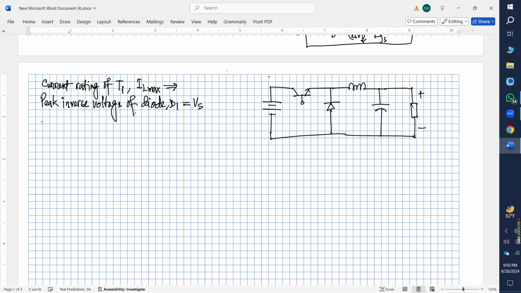So this is my V naught, this is my R, this is Vs. All the things in between are known as a buck converter or step down converter.